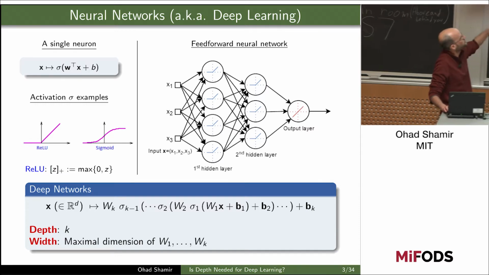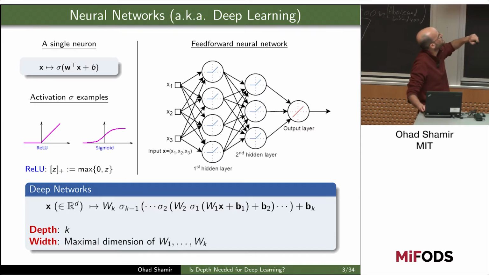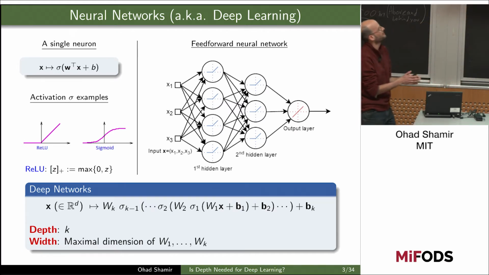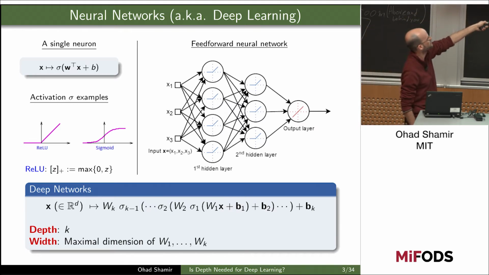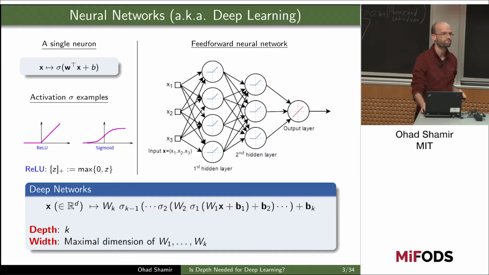And maybe the two most basic architectural properties of these networks are the depth of the network, the number of affine transformations we apply, or the number of layers, and the width, which is basically the maximal number of neurons in a layer, or in other words, the maximal dimension of these parameter matrices. Okay, clear so far? Okay.